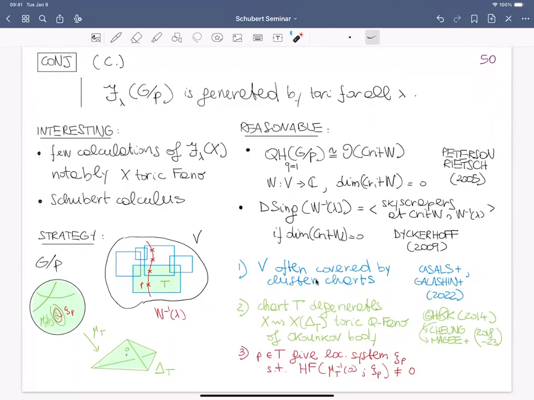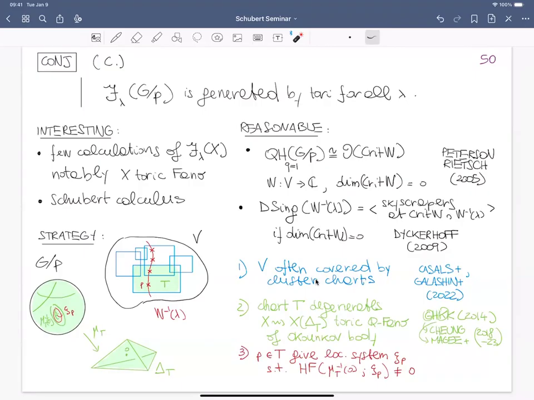Let me try to convey why I think this is an interesting statement. These Fukaya categories are new enough that people have not computed them in a lot of cases. In fact, among compact targets, the toric Fano case is essentially one of the few we understand.